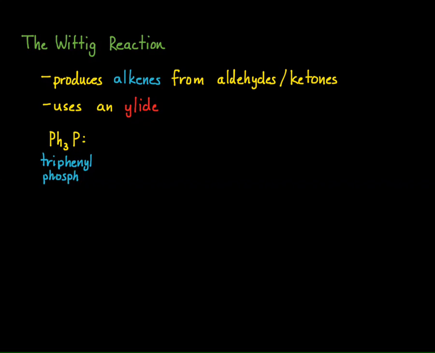Well, you make ylids by taking triphenylphosphine, PPh3, and reacting it with an alkyl halide. That alkyl halide could be a primary alkyl halide or a secondary alkyl halide, but it cannot be a tertiary alkyl halide because there has to be a hydrogen coming off of the carbon in order to form the ylid.